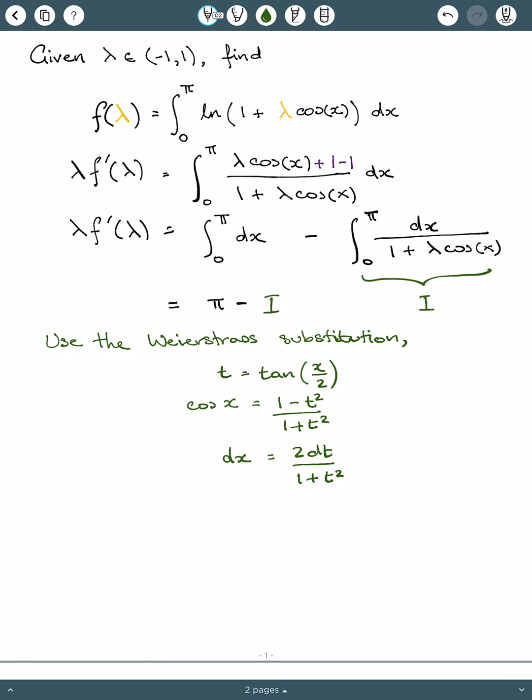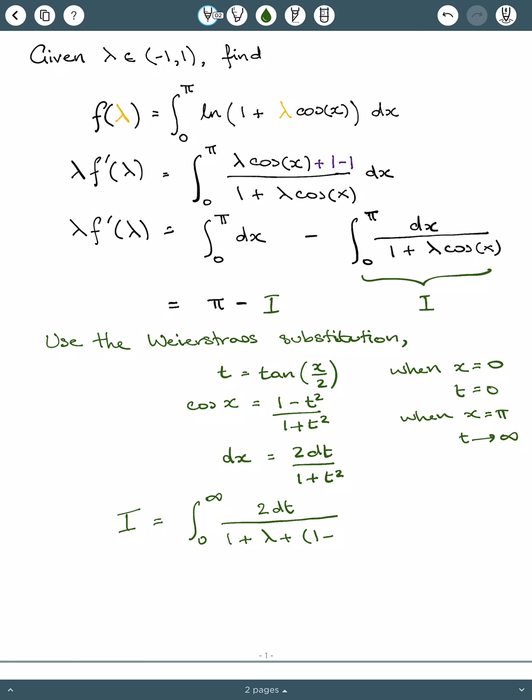And the limits: when x equals 0, t equals 0, when x equals pi, t is going to go to positive infinity. Okay, so I is going to become this integral here under that substitution. So this is looking like a proper rational function now.